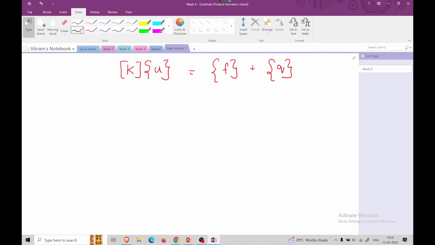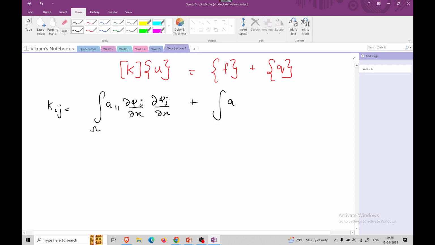So what will be my k matrix? I can say it's Kij. Integral of a11 dou psi I by dou x into dou psi j by dou x plus integral of a22 dou psi I by dou y dou psi j by dou y. Sorry, I missed the dx dy.